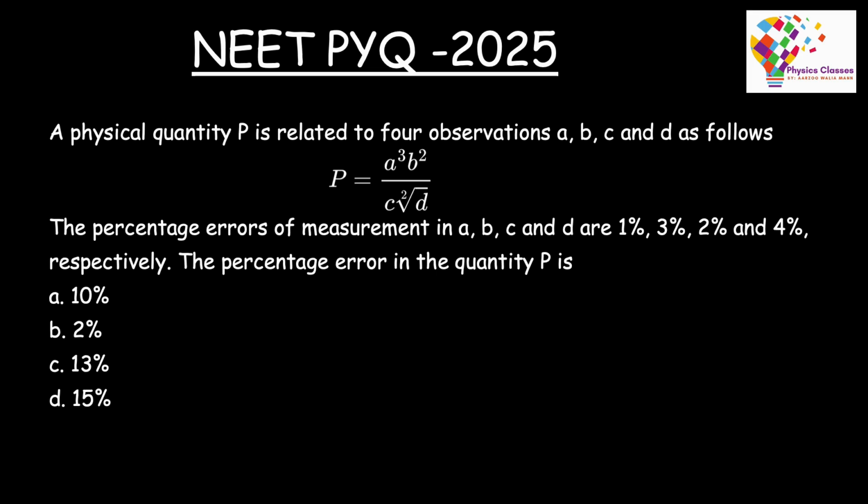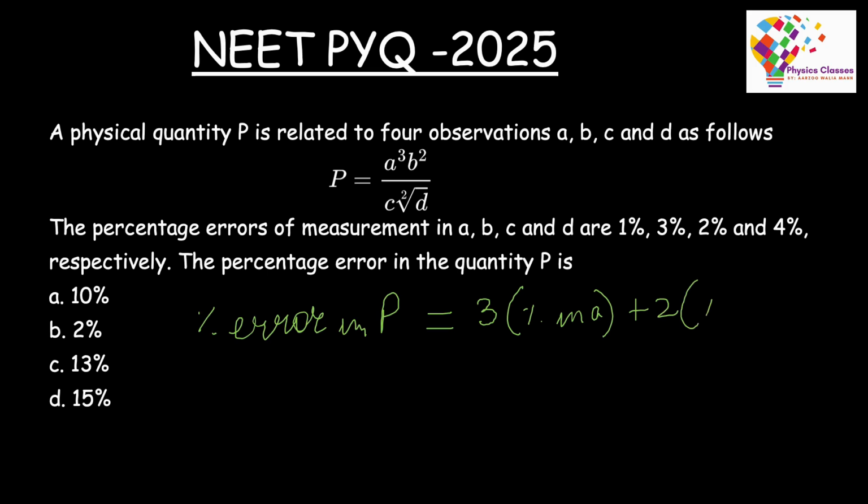So from here, we can very easily say that the percentage error in P will be equal to 3 times the percentage error in A plus 2 times the percentage error in B plus 1 time the percentage error in C and half times the percentage error in D. You can see that D is under the square root. Square root means half.